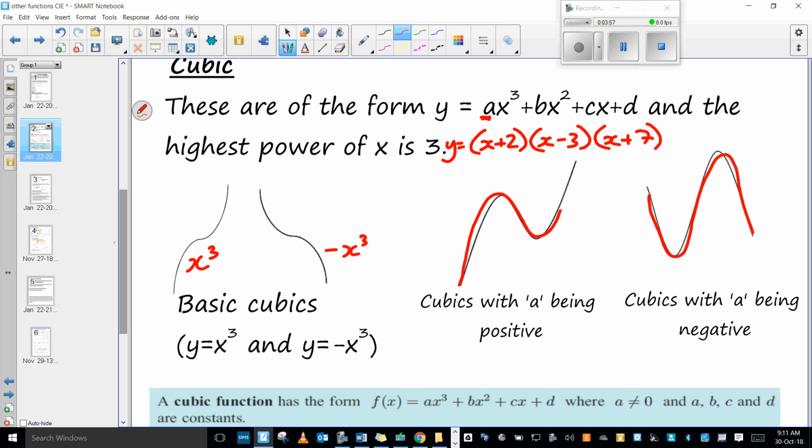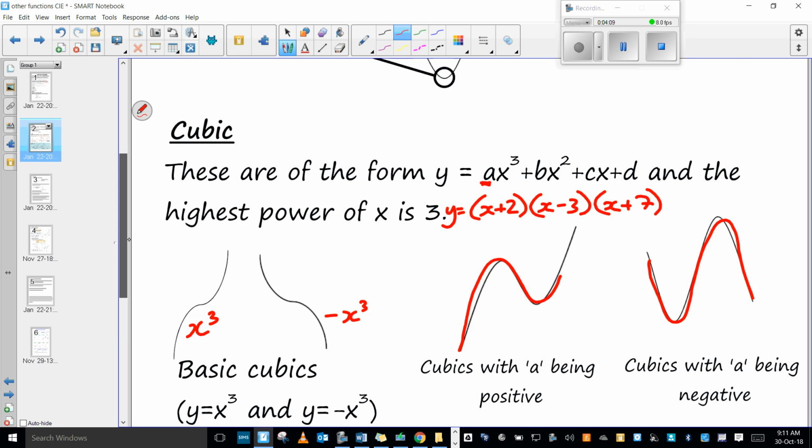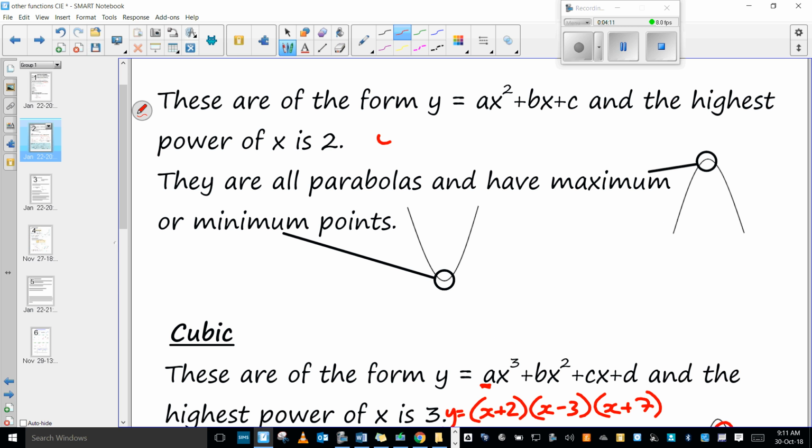If this was in factorized form, where would that parabola cross the x-axis? Plus 7 and minus 4. Okay?